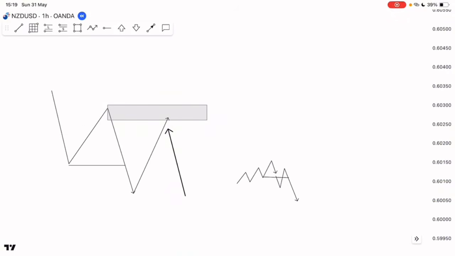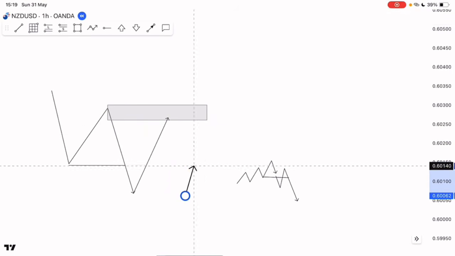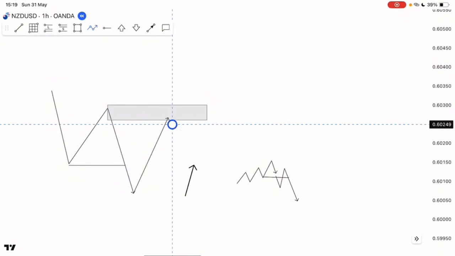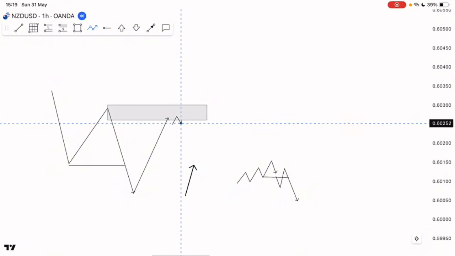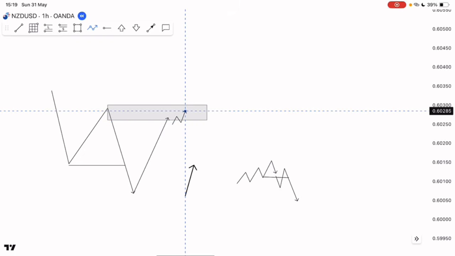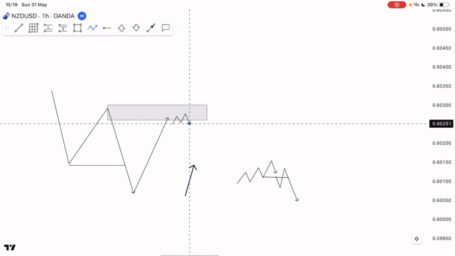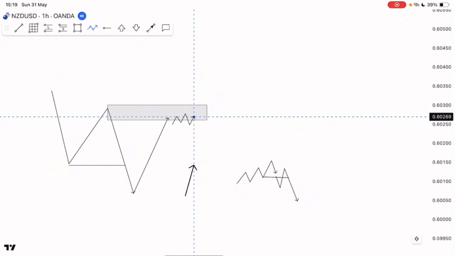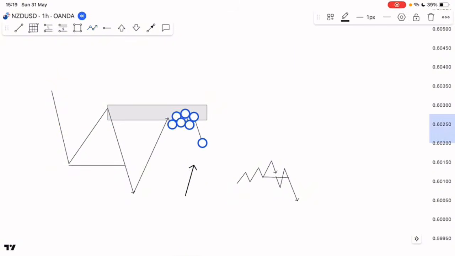Now we'll be looking out for price to tap into the zone like this, break the previous low to give us change of character, then return back to tap this zone, then start dropping.